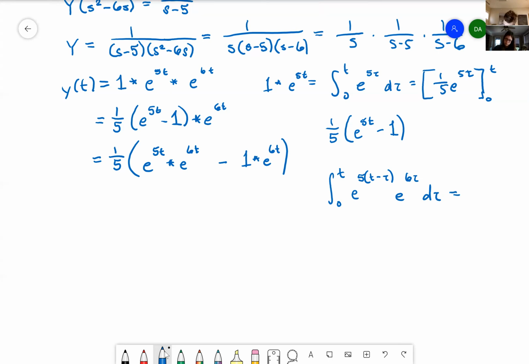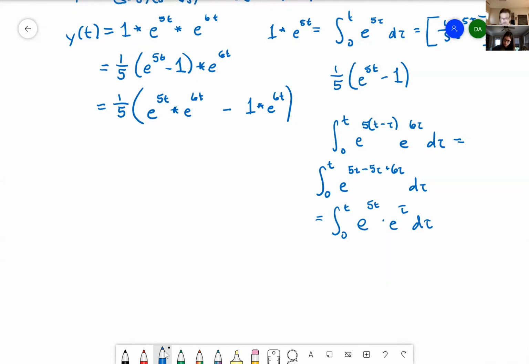And so we can combine the exponents together, 0 to t, 5t minus 5 tau plus 6 tau, d tau, equals the integral from 0 to t of e to the 5t times e to the tau, d tau, and t doesn't depend on tau.